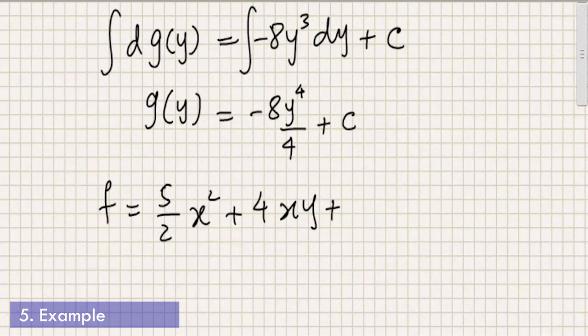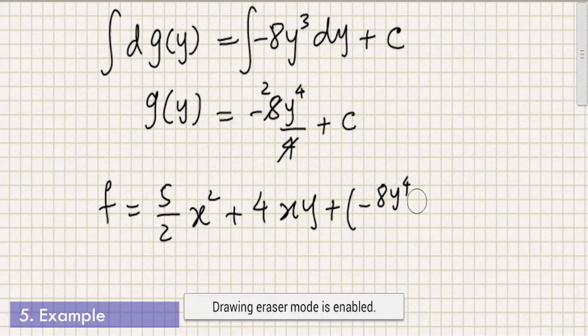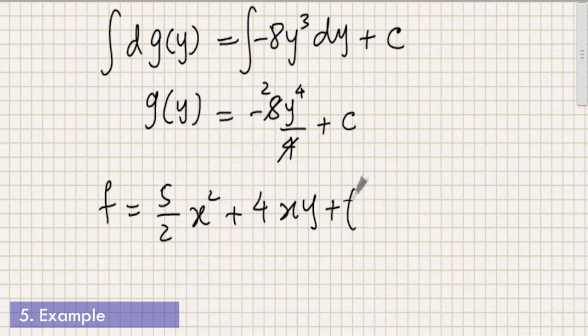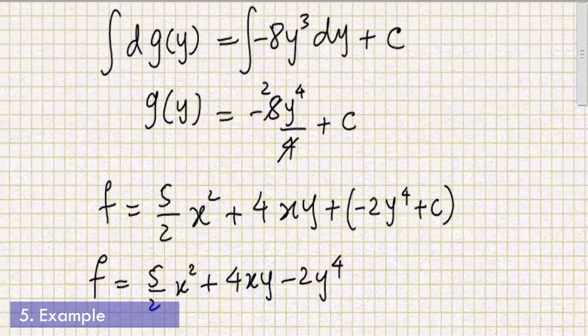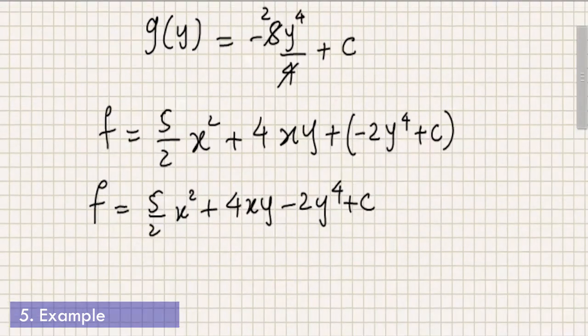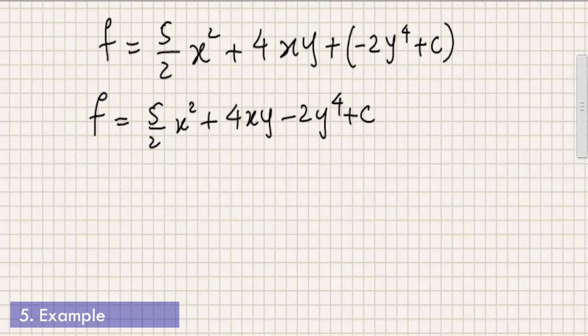So now we get minus 8y to the power 4, actually 4 and 8 are going to be divided like this. So we get minus 2y to the power 4 plus c, and we get f as 5 over 2 x squared plus 4xy minus 2y to the power 4 plus c, right?